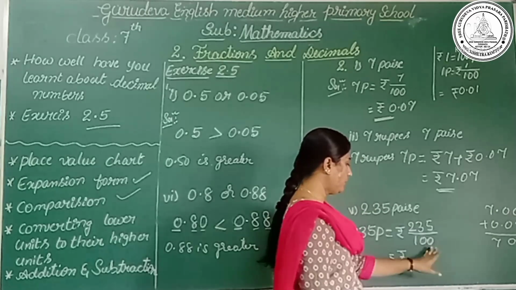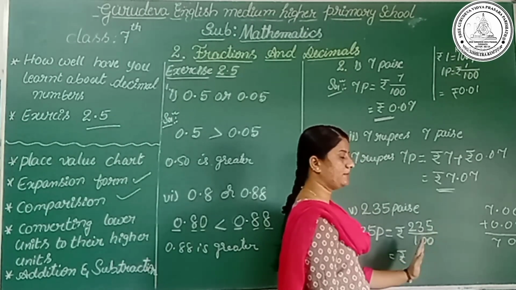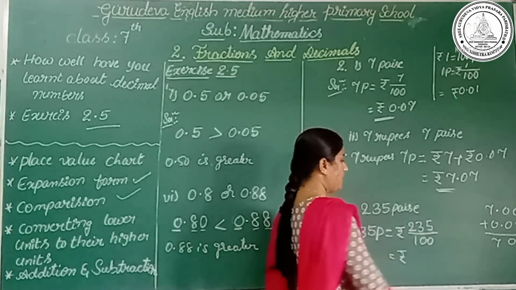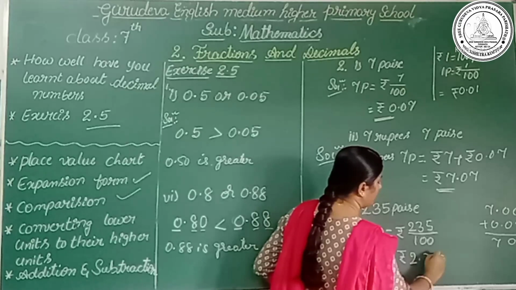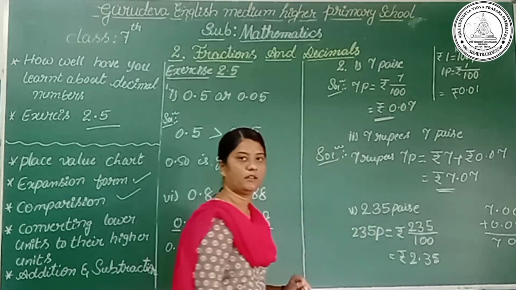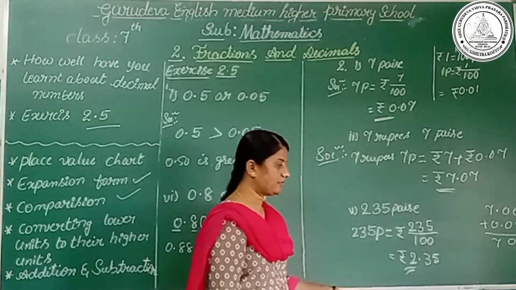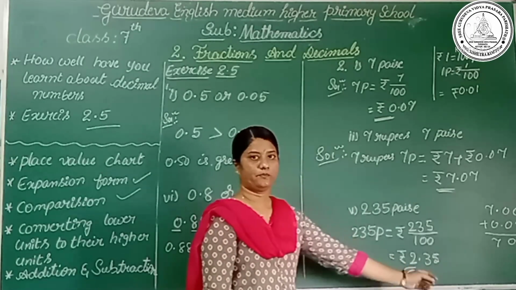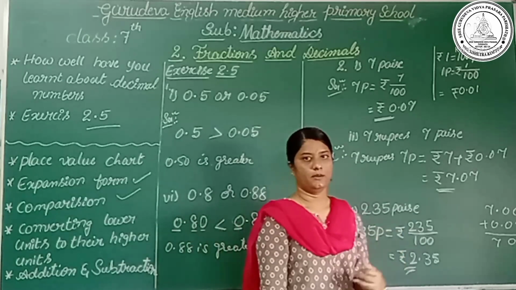We see here in the denominator there are 2 zeros, which means we have to keep 2 decimal places, so that is 2.35 rupees. So 235 paisa is equal to 2.35 rupees. Is it clear? In the same way we have to do the rest of the problems.